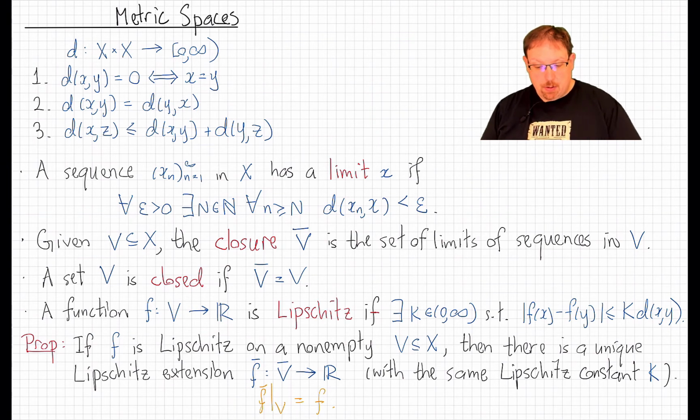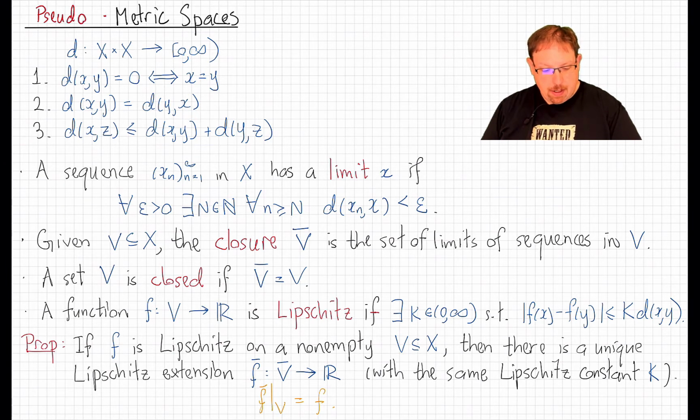We are going to see that 2 to the omega will be a pseudometric space. Now, what is a pseudometric space? It's almost the same thing, except that we no longer have that implication.